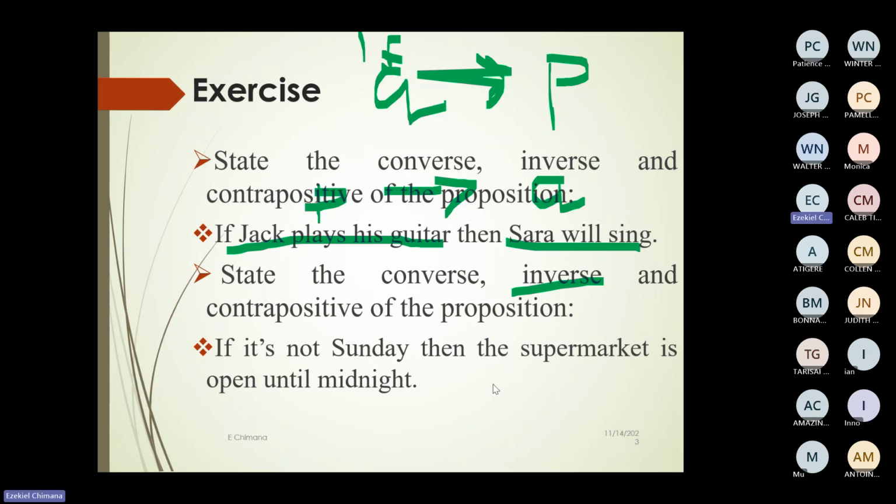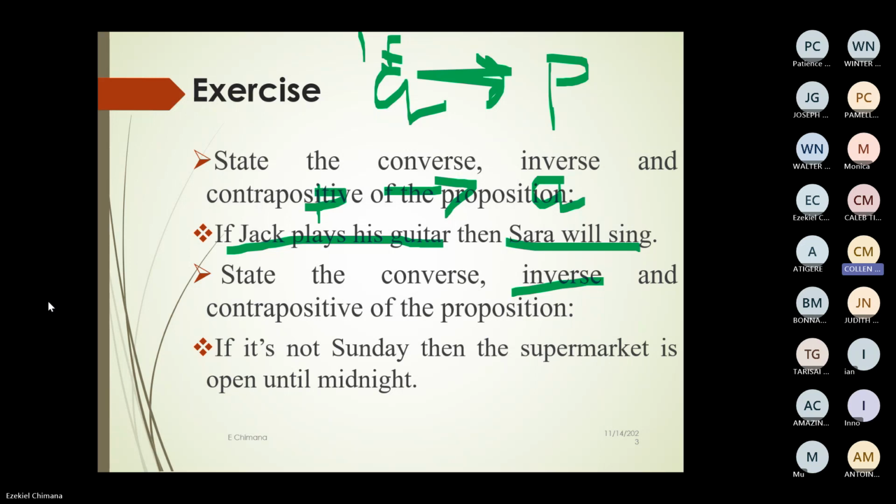The inverse, you said the inverse is the negation of what? Inverse is the negation of the converse. Is it true? No, I think the inverse is the negation of the statement.